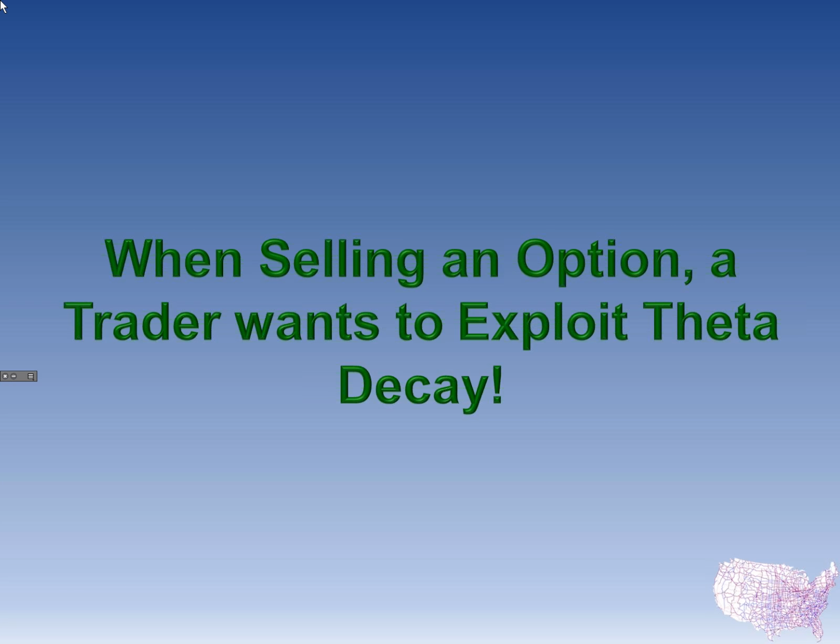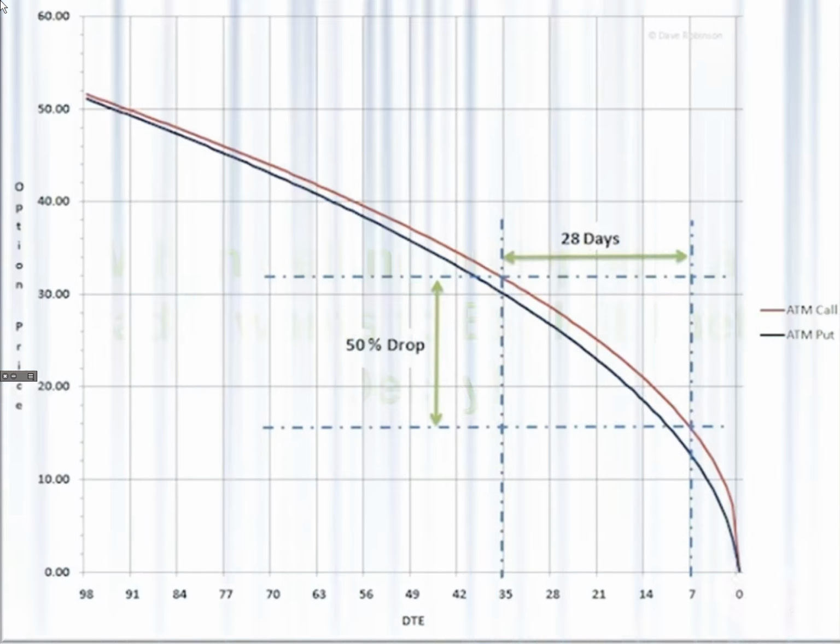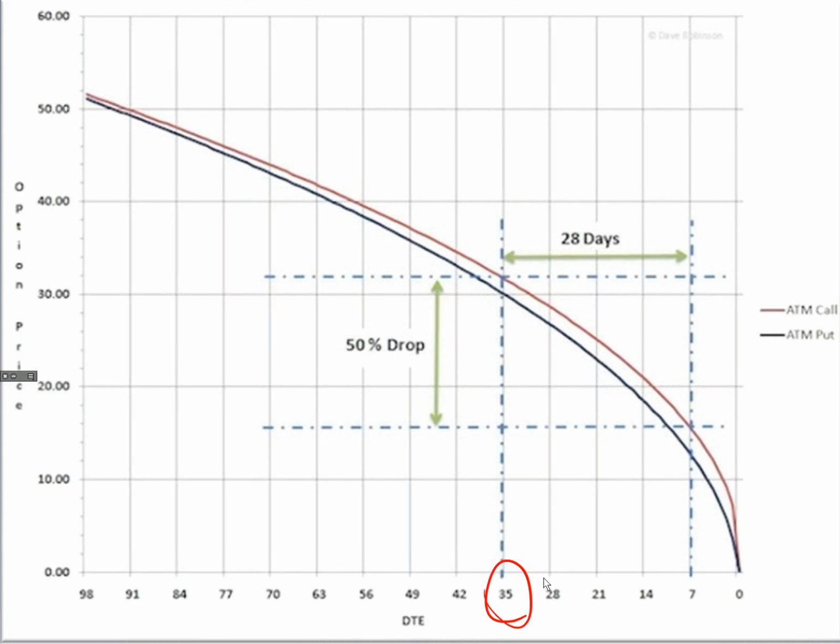When we're selling an option, we want to exploit that theta. We want that thief to be in our back pocket. And here's another representation of what I was talking about. That 35 days to expiration is the wheelhouse. Why? Because look at what happens to our option premium. I mentioned I like to go as close to 35 days to expiration as I can.